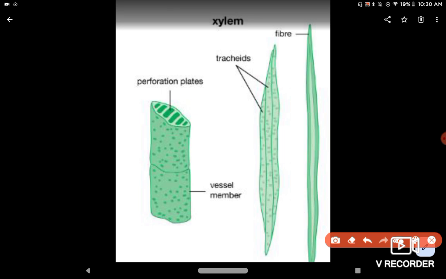Okay. So there are some components in the xylem. The first one is the xylem fibers. These are kind of dead. And then we have the tracheids. You see the tracheids, they also have these little tiny dots here. Those are called pits.